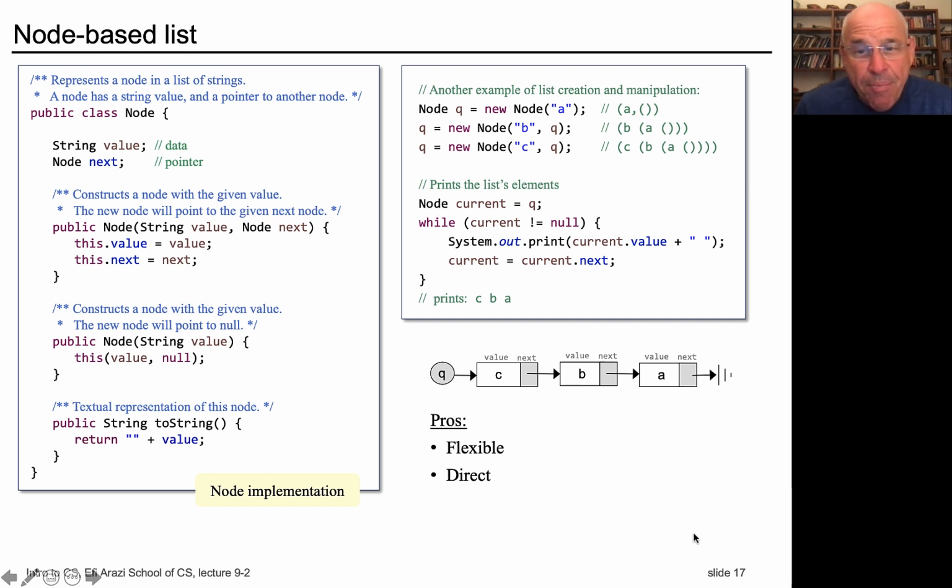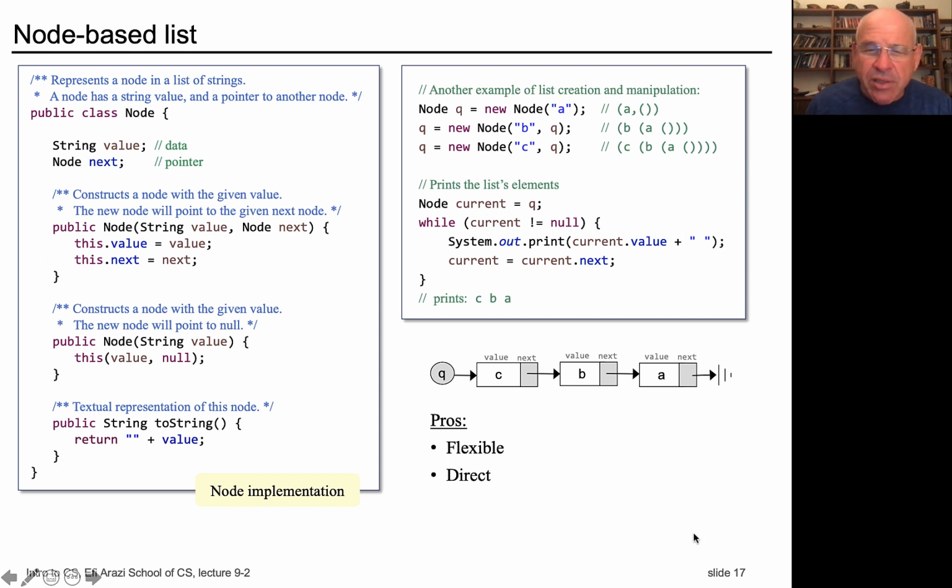So, the benefits of this very simple definition of a list is that it's very flexible. On the one hand, it looks like it's easy to work with because I can do whatever I want. It's very direct. I have complete control of the list.